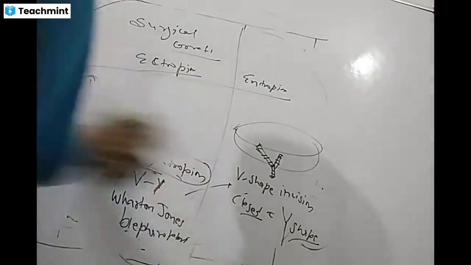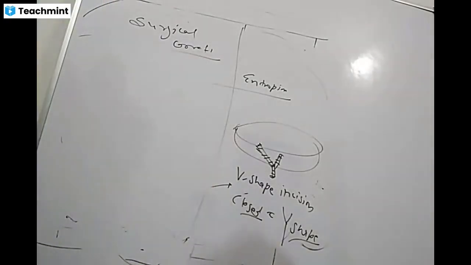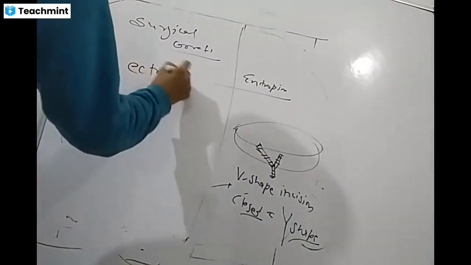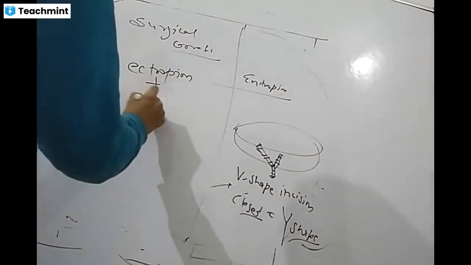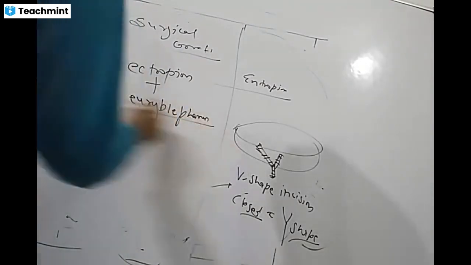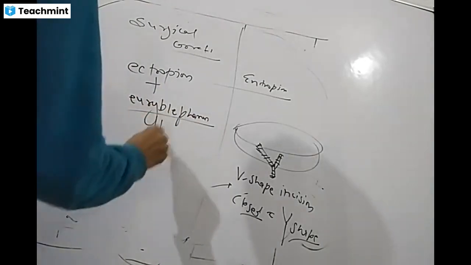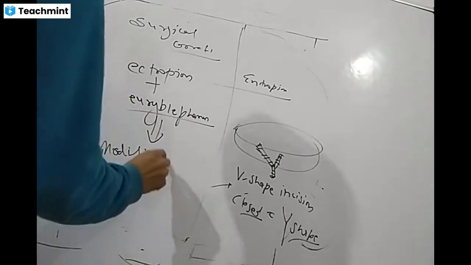There is one more surgical correction, for ectropion with euryblepharon, meaning a large palpebral fissure. In that case, a technique known as the modified Kuhnt-Szymanowski is used.